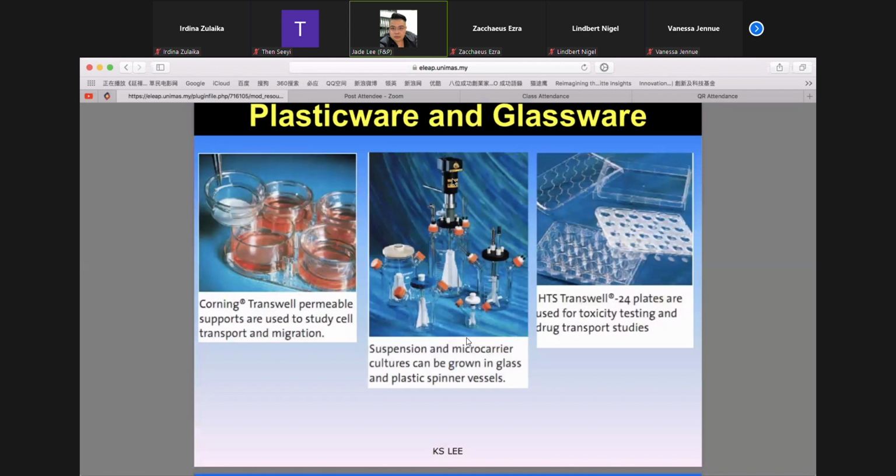This is a machine to move this. So it will stir the culture, because this is for suspension culture. The culture will be stirred, and then the nutrients and gases will be evenly distributed to the cells. Okay, thanks, doctor.